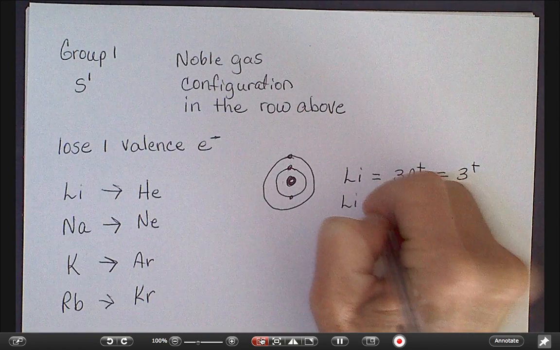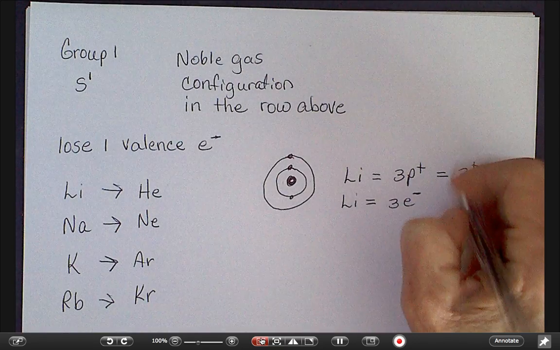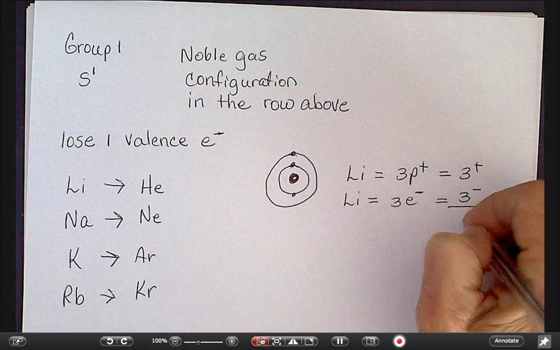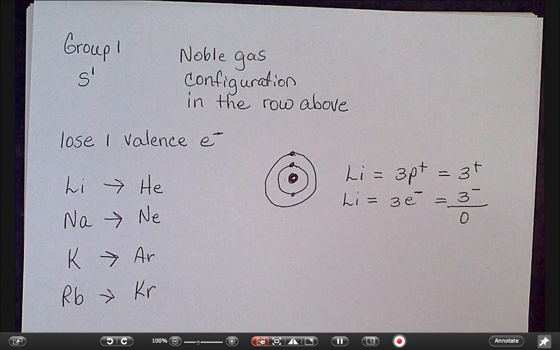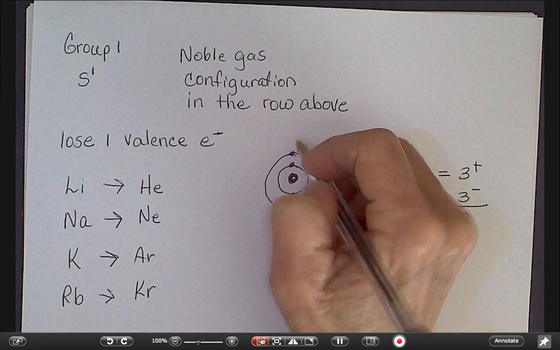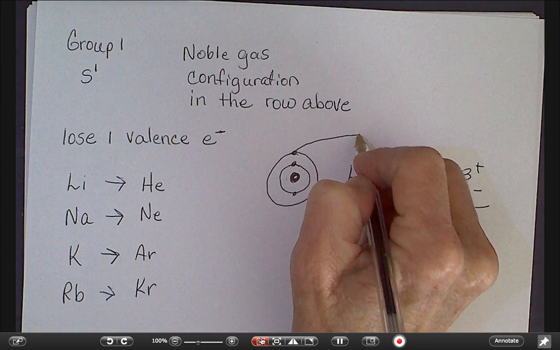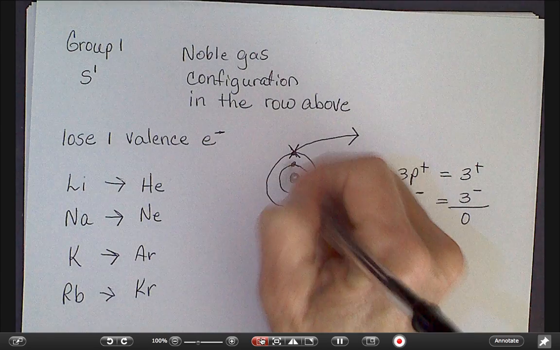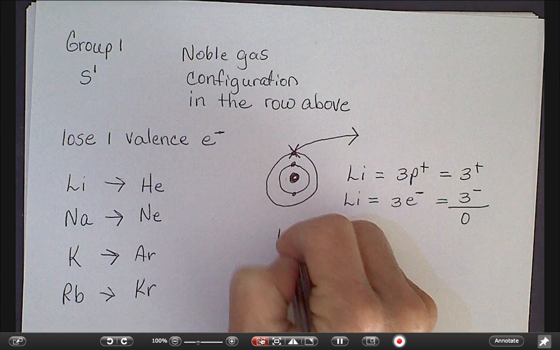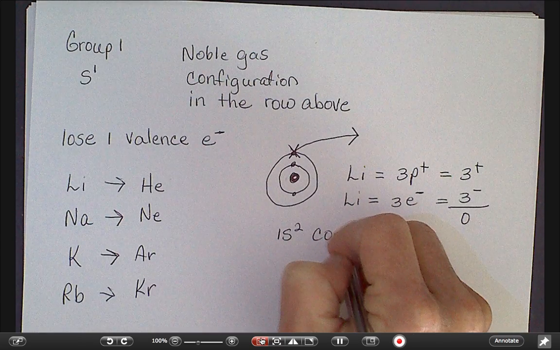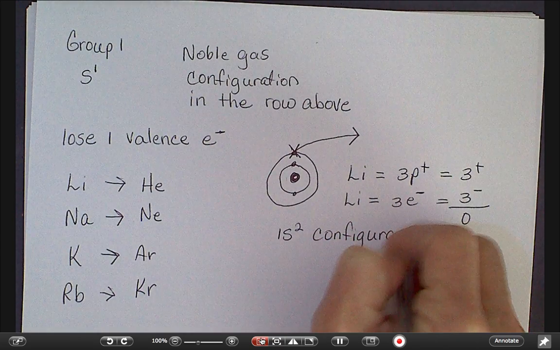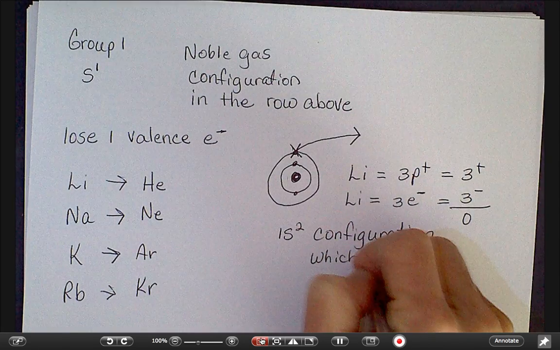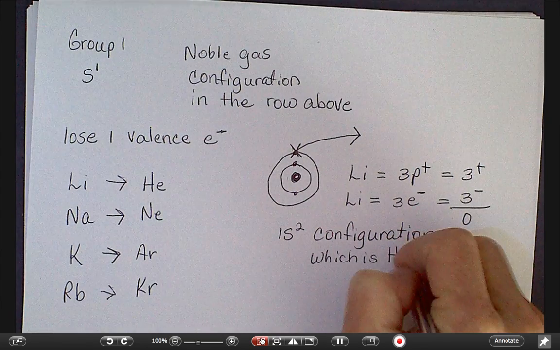It also has 3 electrons at a -1, gives it a 3- charge, and the sum of the charges on the neutral atom of lithium goes to 0. Now, when lithium loses this electron in the bonding process, now it's gone, leaving it with a 1s2 configuration, which is helium's configuration.